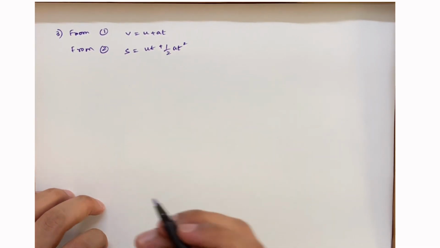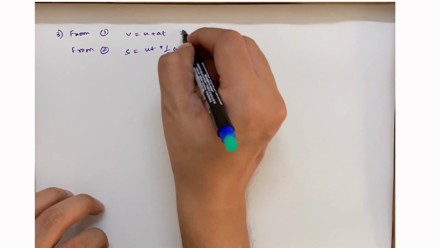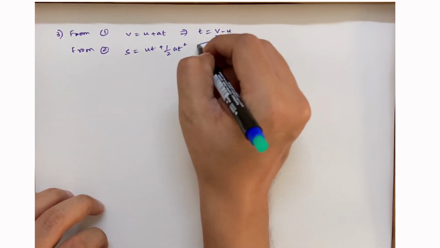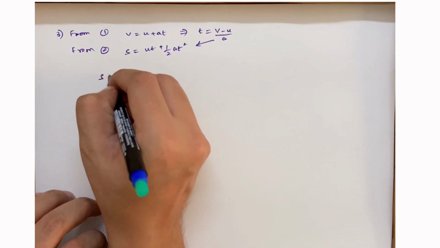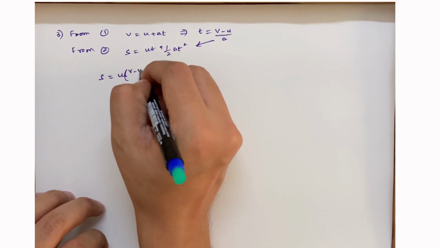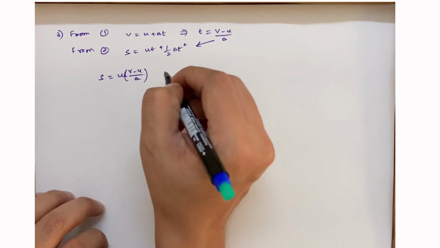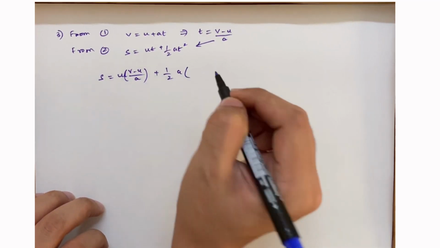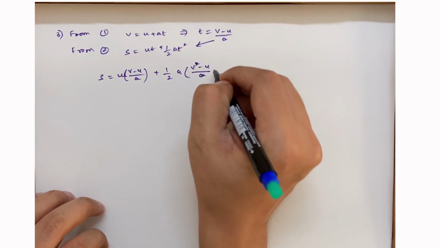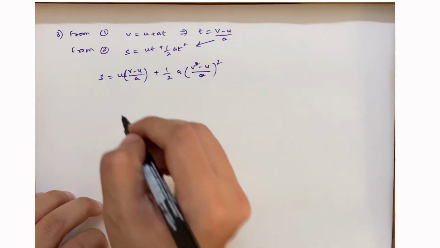So if you observe the third equation, it is independent of time. So from the first equation what we can do is, we can find T is equal to V minus U divided by A. By using it in the second equation we get S is equal to U into, in the place of T we will write it as V minus U divided by A plus half into A into T square, that is V minus U by A the whole square, right?